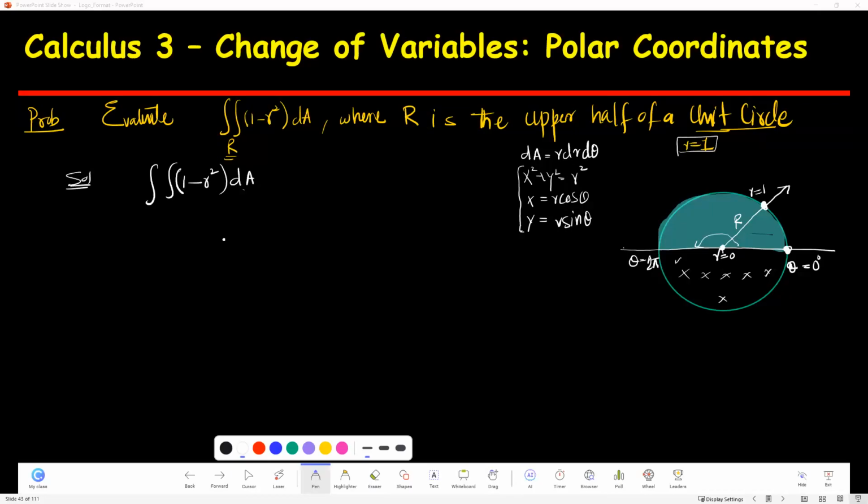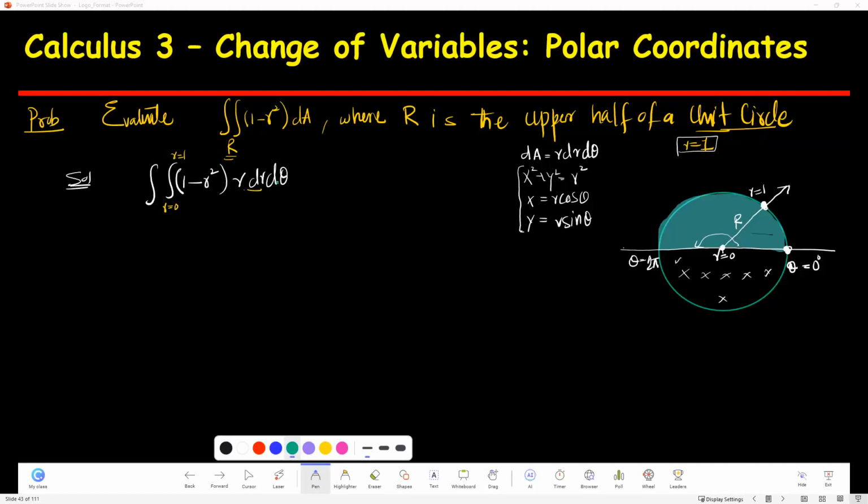So I'm going to get rid of this dA and substitute r dr d theta. Since I have r first, I'm going to substitute here r equals 0 to r equals 1.